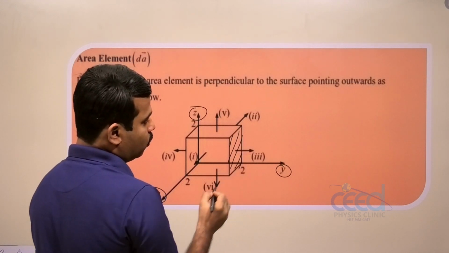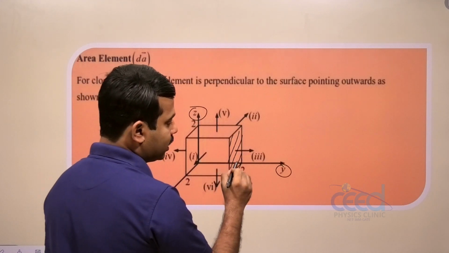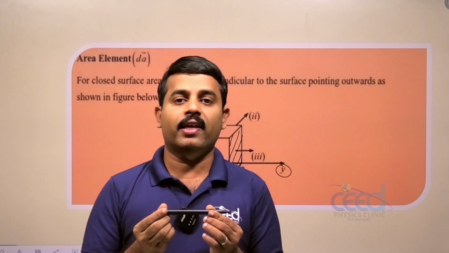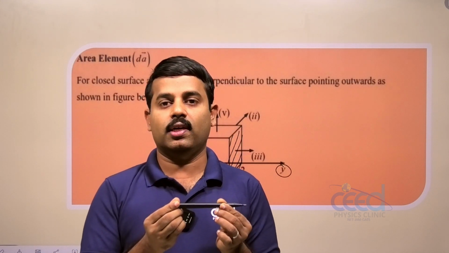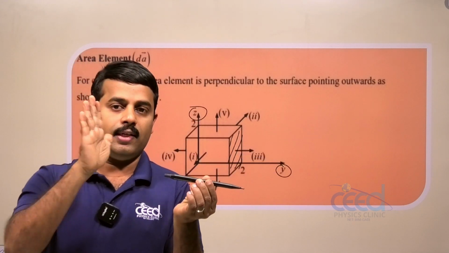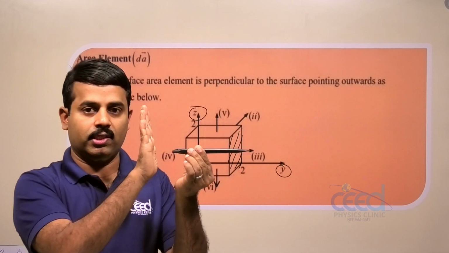What is the direction of this area? I already told you the area direction is perpendicular to the plane. Suppose you consider a plane like this. So the area is perpendicular to this. So this is the area direction.